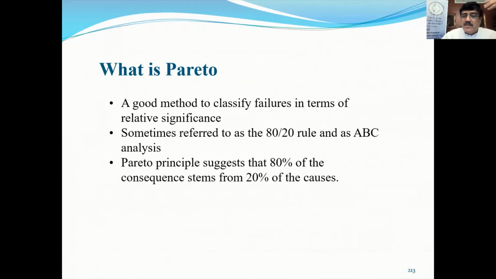And the Pareto principle suggests that 80% of the consequences come from basically 20% of the causes. So if you just look at 20% of the causes, you are covering 80% of the consequences.